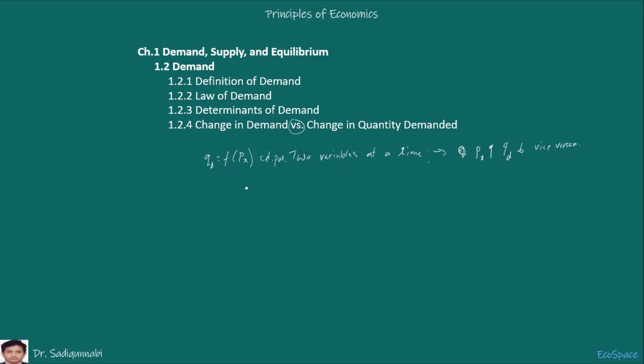So we can show it as a graph, with P and Q axes. If it is a demand curve, suppose this is our initial price.